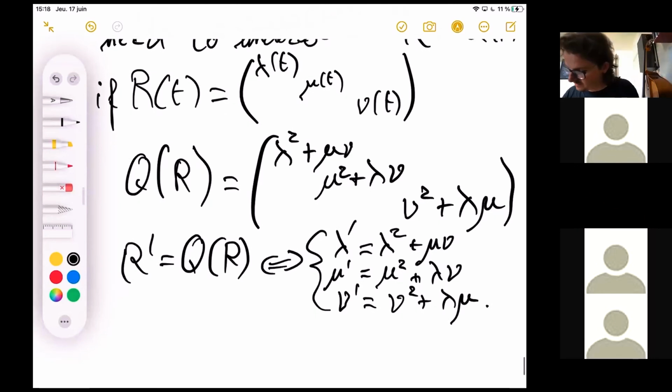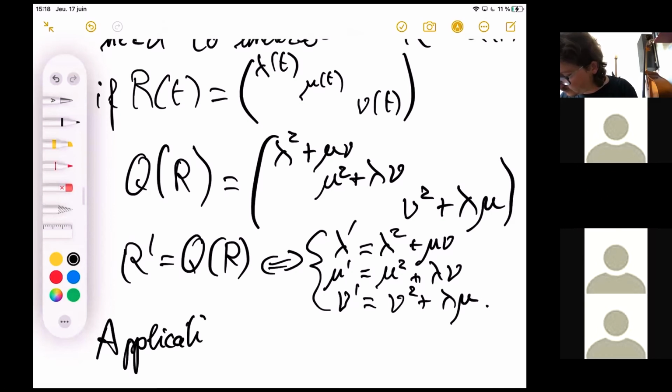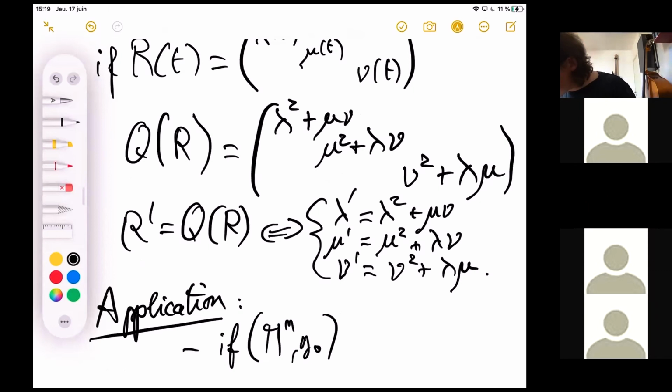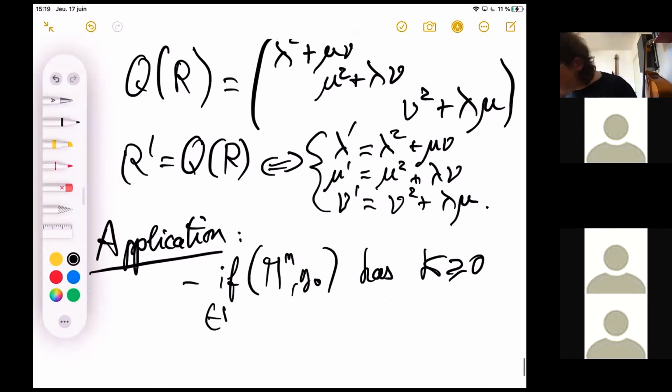But an application of that, which my undergrads suffered through in my differential equations lectures, is that if (M, g_0) has non-negative sectional curvature, then the Ricci flow g(t) also has non-negative sectional curvature.